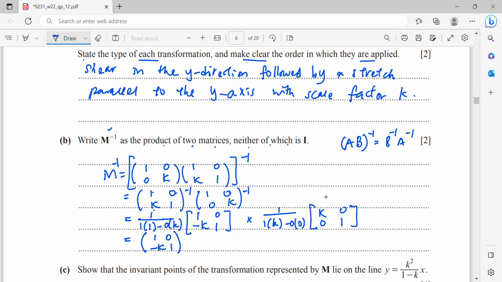For the second one, it's 1 over k. So when you multiply 1 over k by k, it will be 1. Then 0, 0, 1 over k. So this is how we write M inverse as the product of two matrices.